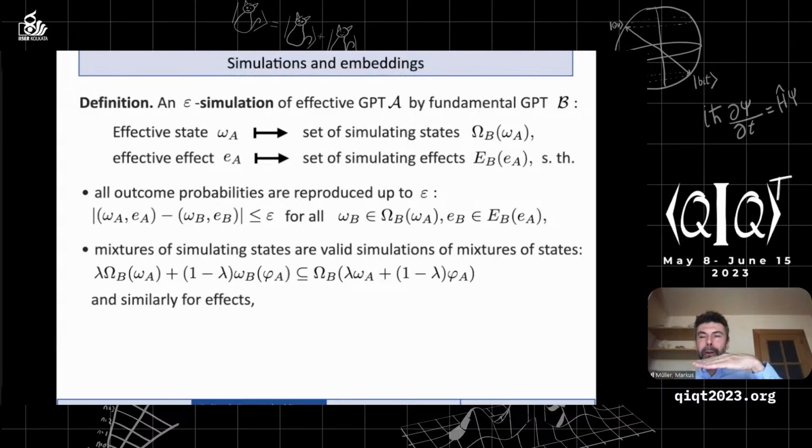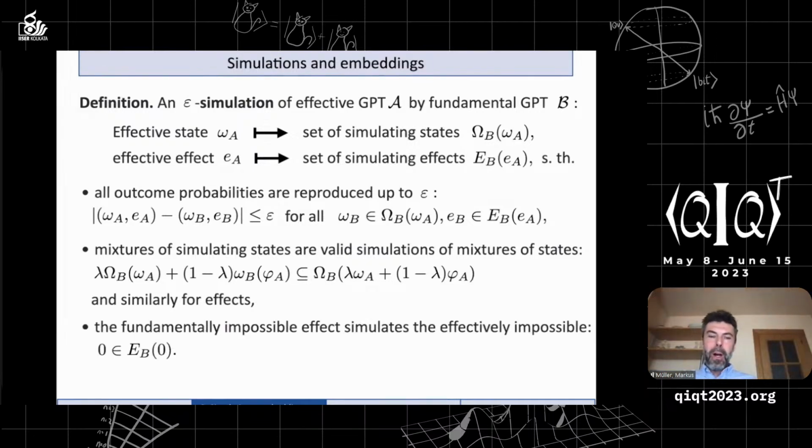And so the mixture of the simulations is a valid simulation of the mixtures. Yeah. So that's something that you obtain here. And also, how do you simulate the impossible effect, the impossible measurement outcome that has probability 0 in all states? Well, with the impossible fundamental effect. So that's also something you always can have.